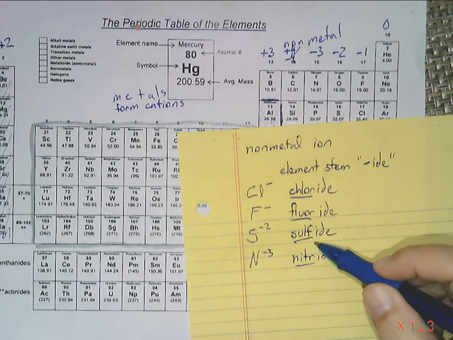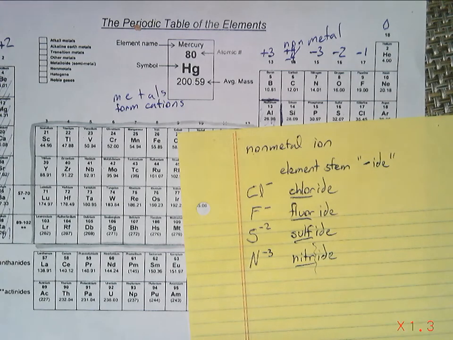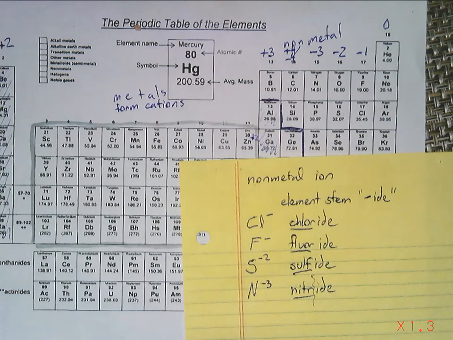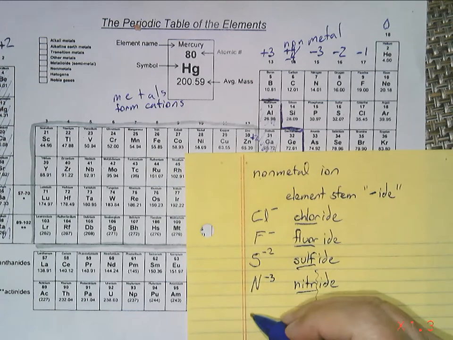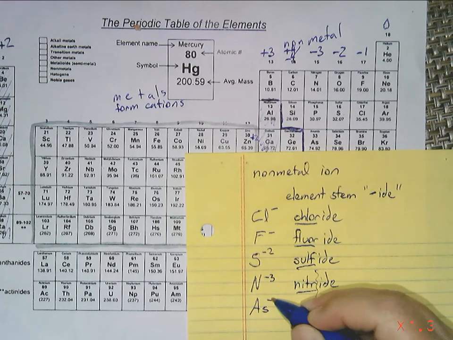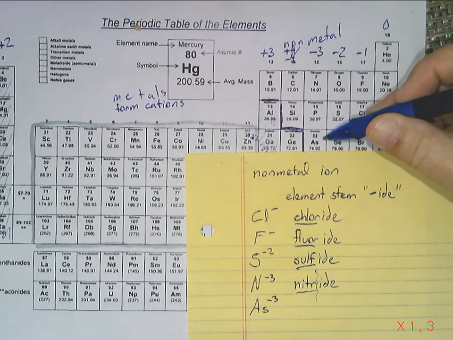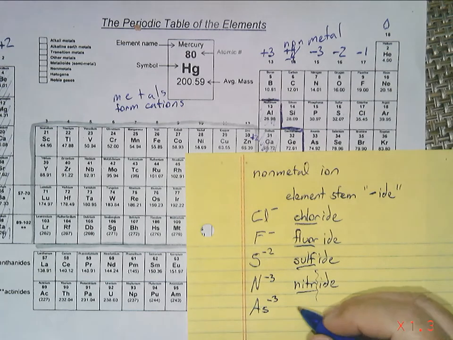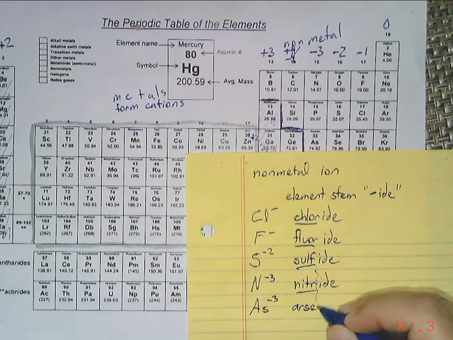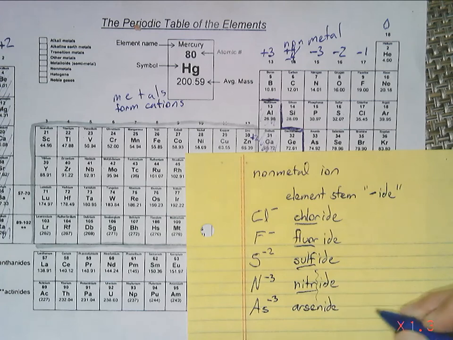It is not always easy to decide where you cut off the element name. After you see a few of these, though, you will get a feel for it. What if I have this ion? That's arsenic, so that would be an arsenide ion.